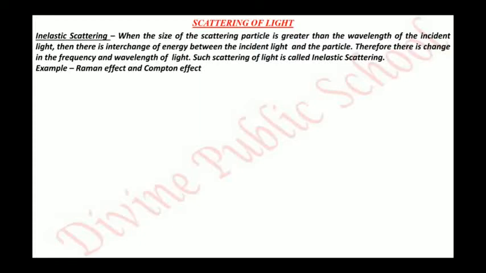It is the change in the frequency and wavelength of light when it strikes a charged particle. Further that light splits into several wavelengths, and that is called the Compton effect. Inelastic scattering is not in the syllabus. It is only for your knowledge. Now let us move ahead.